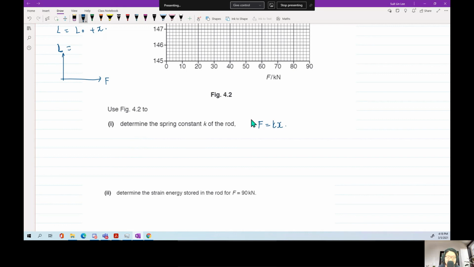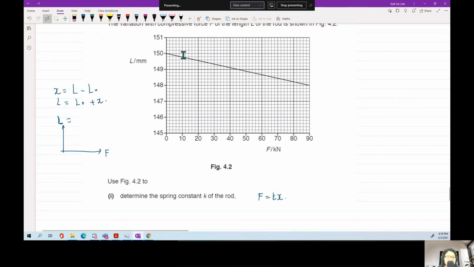So you're going to substitute. Find a value. Don't go and take 0 because you have no force. So maybe I'll take 90. This is 90, 148 mm. When the force is 0, this is your original length, L naught, 150, meaning your change in length is 2 mm because you change from 150 to 148.